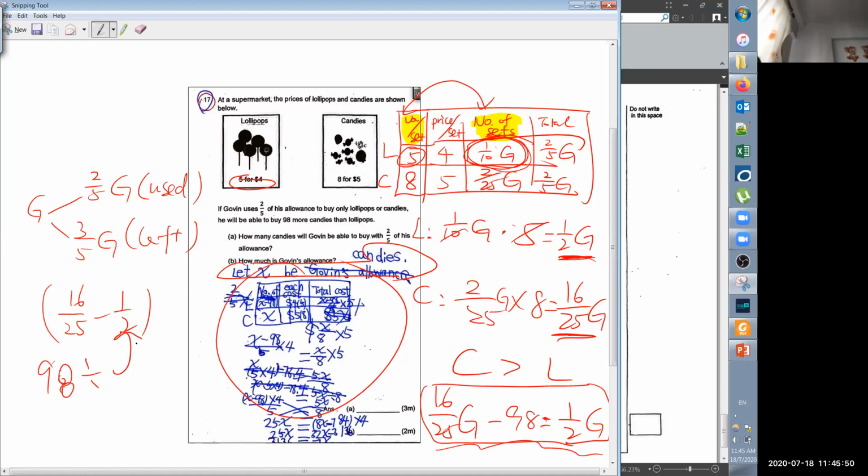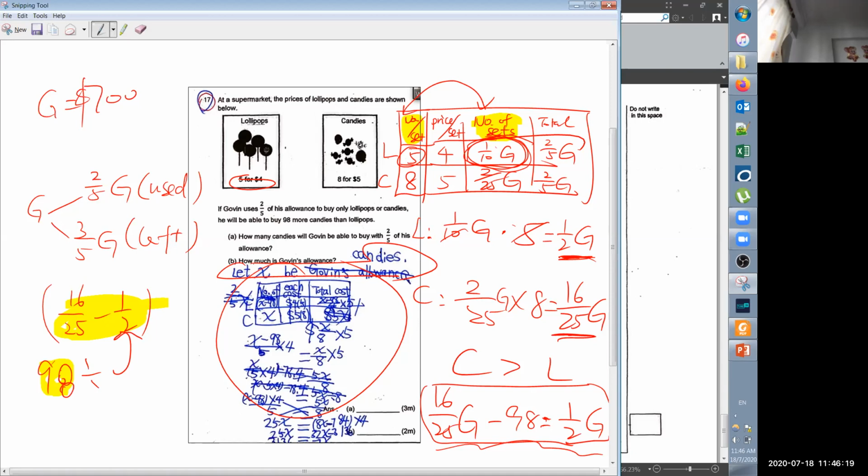Because you have a calculator, you just take 98 divided by the answer of this. It should be pretty fast. So the answer is $700. Now, how many candies will Govin be able to buy with 2/5?